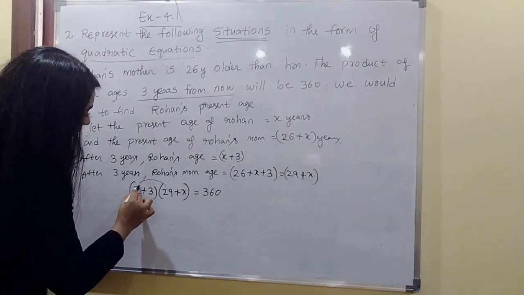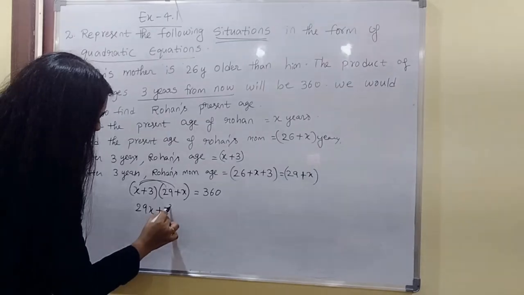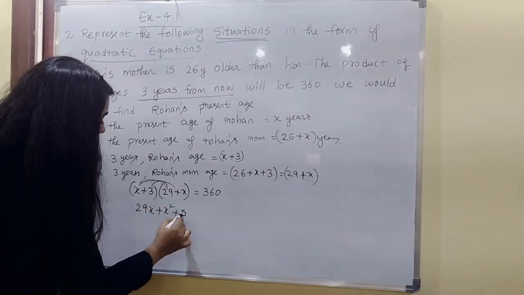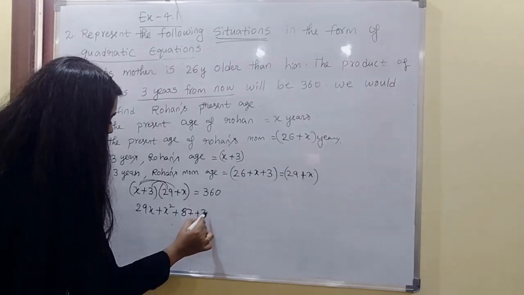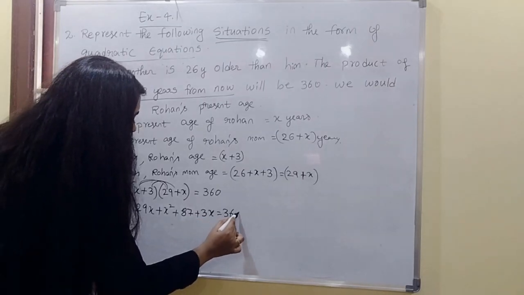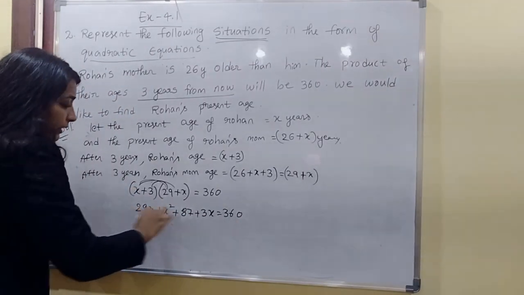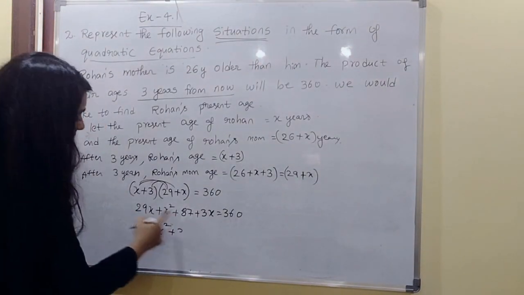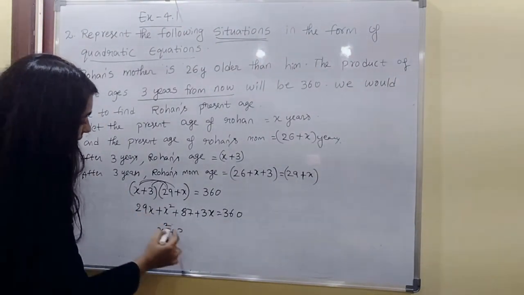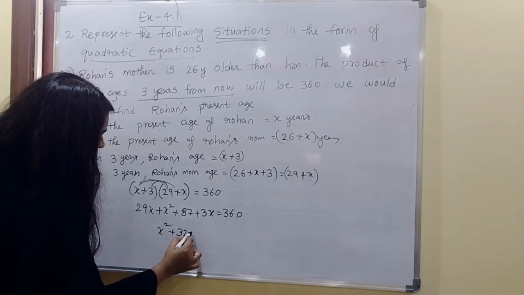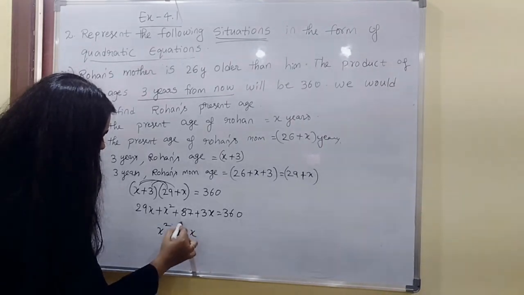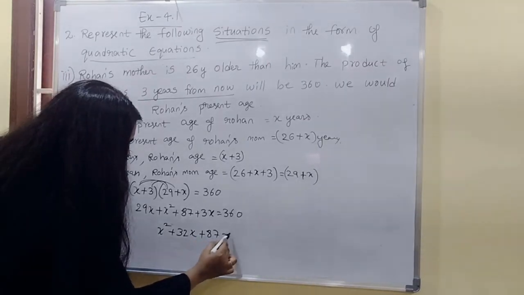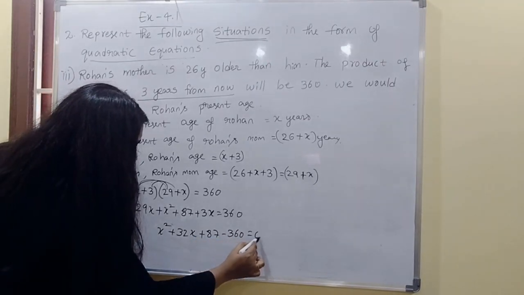So multiply x into 29, 29x, and x into x, x square, plus 3 into 29, 87, plus 3x is equal to 360. Okay. So I am writing in the order, that is x square plus 3x plus 29x, that is 32x, right? So 32x plus 87 minus 360 is equal to 0.